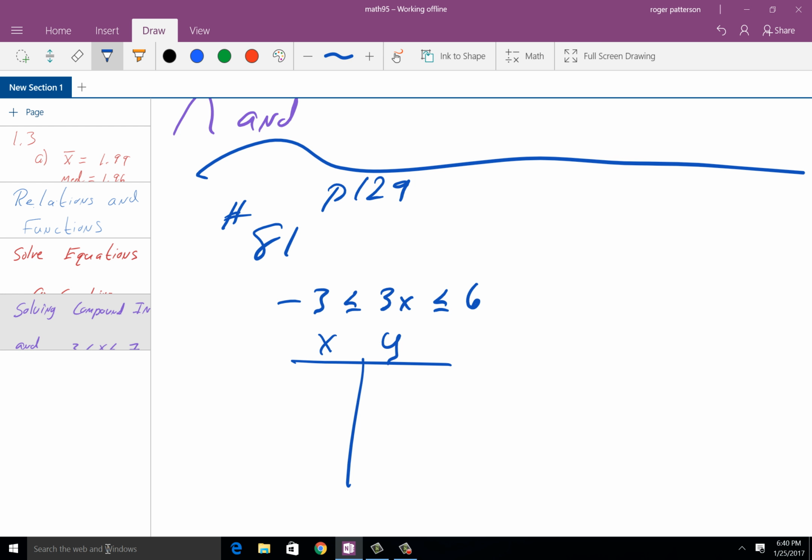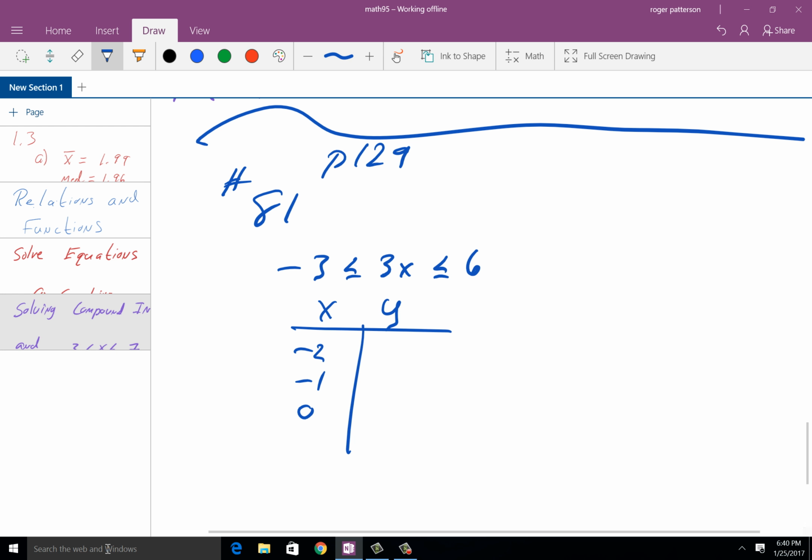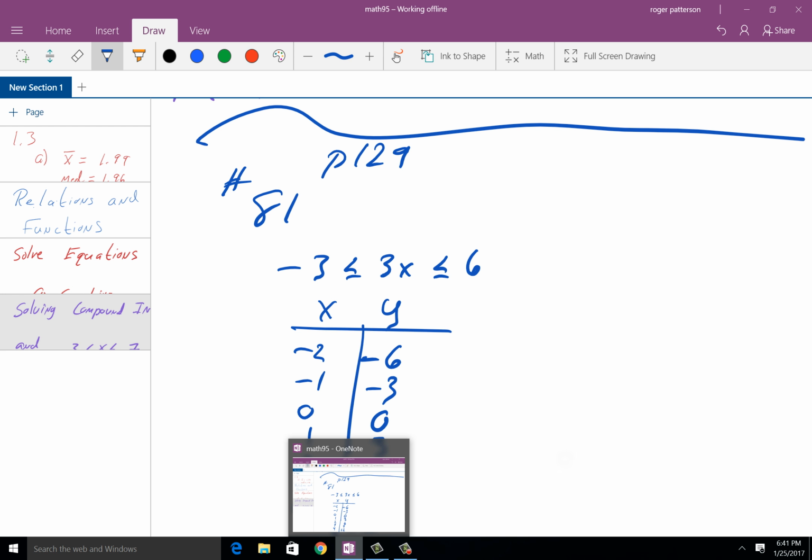X, Y, and let's see, we have -2, -1, 0, 2, 3, 4. It's got to be -6, -3, 0, 3, 6, 9, and 12. So it should be something like that. You can copy the table if you want to, but it's all right there.